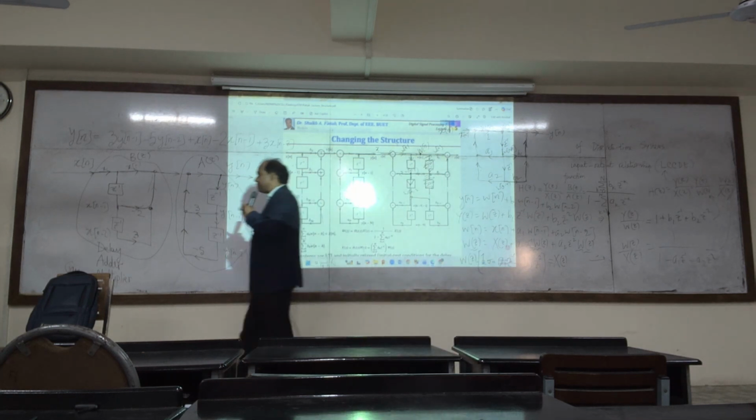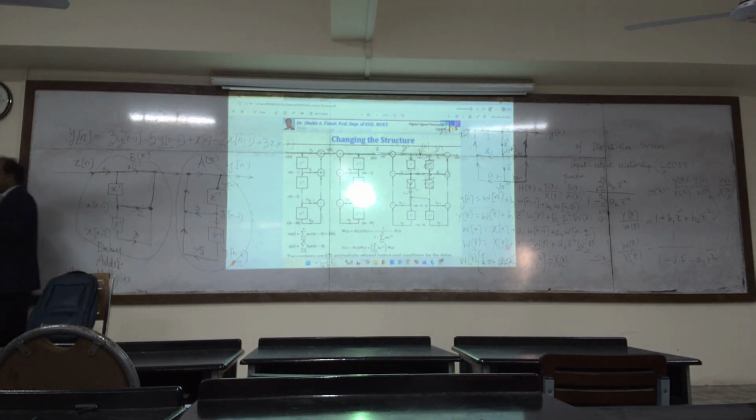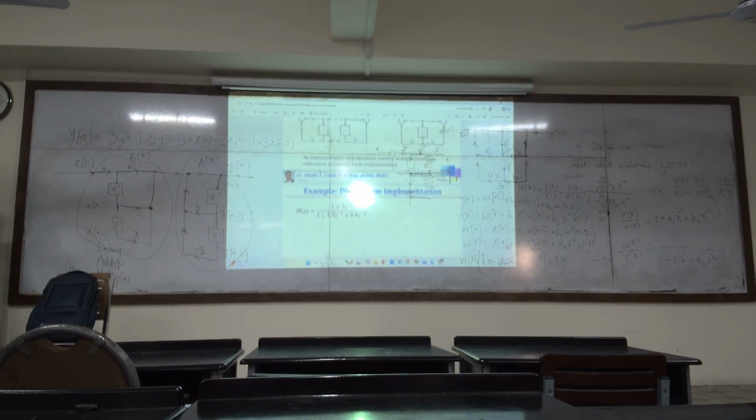This is the block that people use for second order implementation. Okay? So this is a basic block.